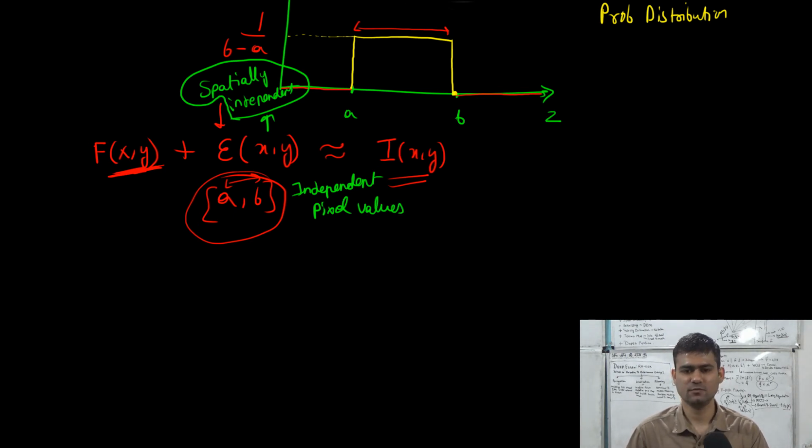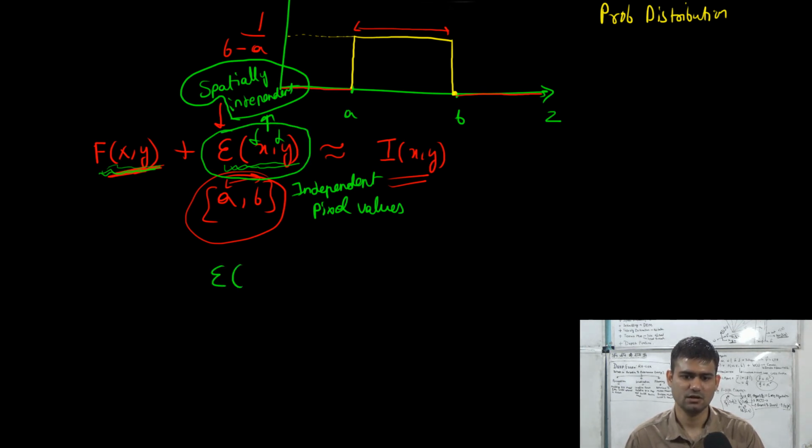So in a uniform noise model, we have original image pixels corrupted by a uniform noise at any pixel location x comma y, and the magnitude of the noise is independent of the pixel location.